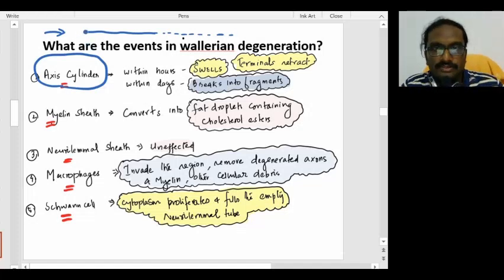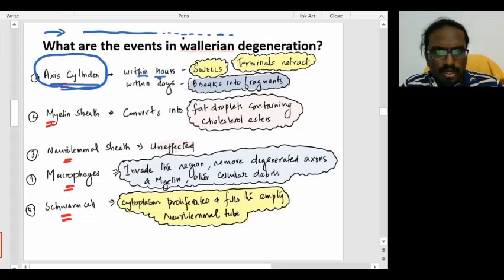So all those changes which occur in this direction along the axon, you call axis cylinder changes. You know that the axon is like a cylinder, right? So everything you find in this axon cylinder, you will mention under this heading. And there are two major things that you have to mention here.